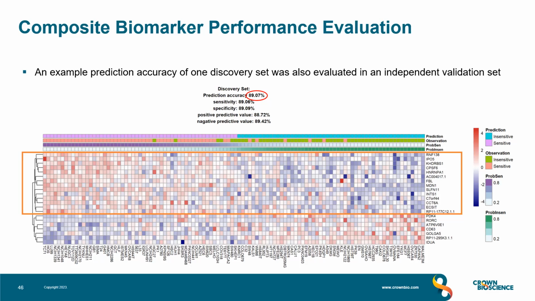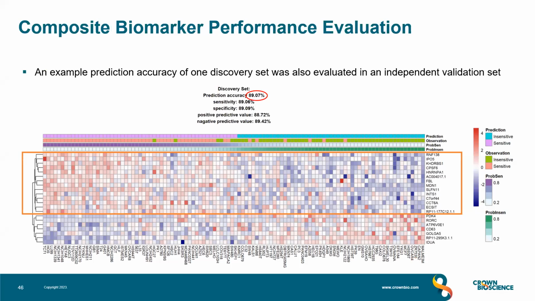But what was quite interesting was that SLFN11 was identified as a single gene that had significant expression for irinotecan sensitivity, and this is shown in the middle. I don't know if you can see this, but it's shown in the middle.